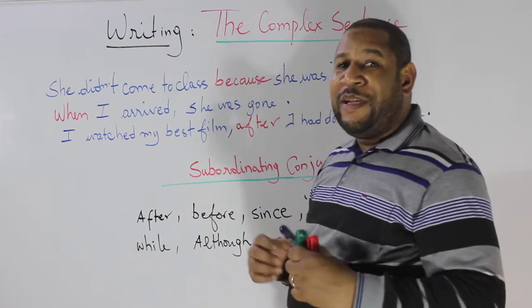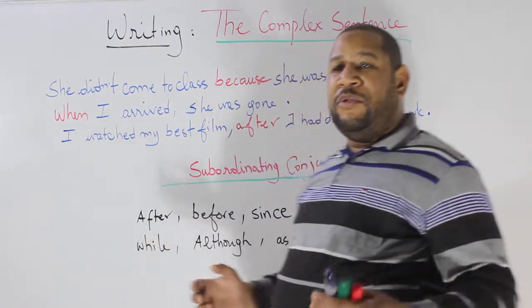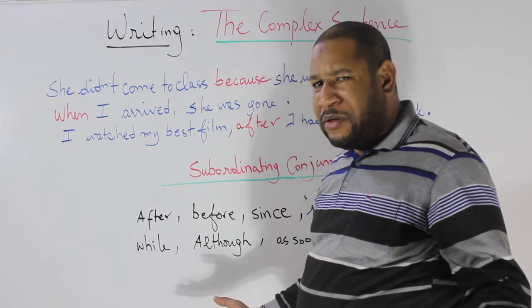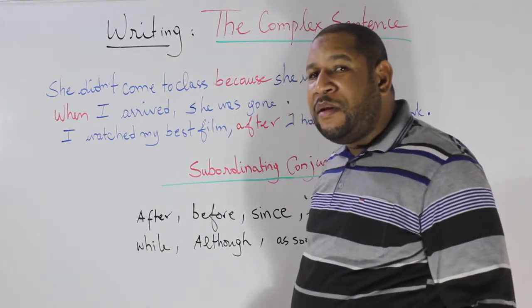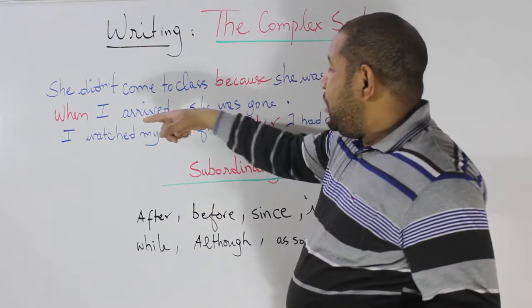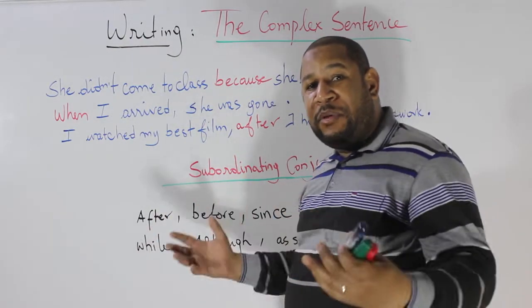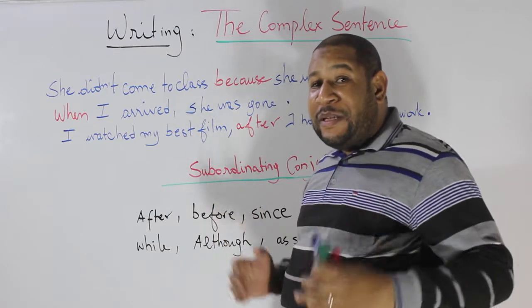You can't come to somebody and tell him, because she was ill. He will tell you, so what? So you need to explain. Because she was ill, she didn't come to class. Or she didn't come to class because she was ill. So this is what we mean by a complex sentence.